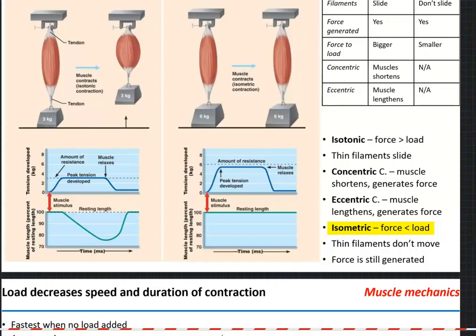Okay? Now, isotonic contractions, in which force is greater than the load, are divided into two subtypes, concentric and eccentric. In concentric contraction, muscle shortens. In eccentric contraction, muscle lengthens. So again, I don't know what your gym goals are, and if you have any, which is totally fine.